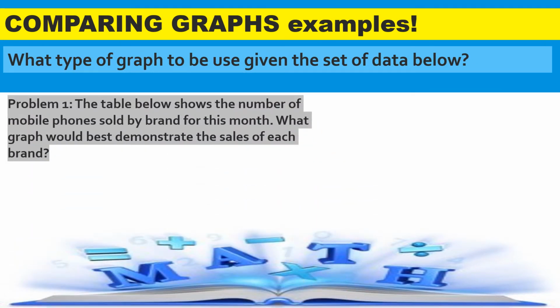Here, example number 1. Let us identify what type of graph can be used given the following set of data below. So problem number 1. The table below shows the number of mobile phones sold by a brand this month. What graph would best demonstrate the sales of each brand?